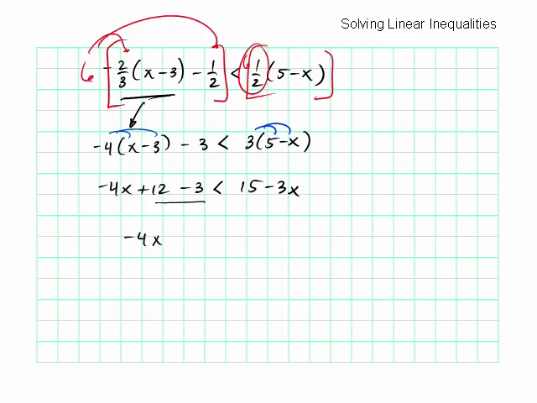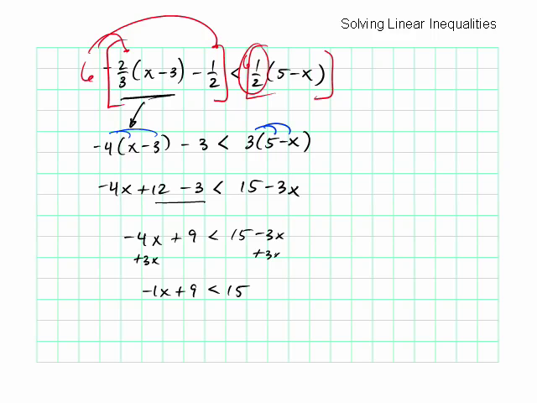It's negative 4x plus 9 less than 15 minus 3x. Next step, let's add 3x to both sides. Plus 3x. So that's negative 1x plus 9 less than 15.